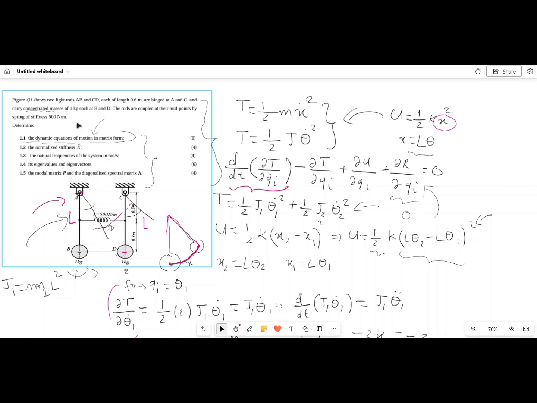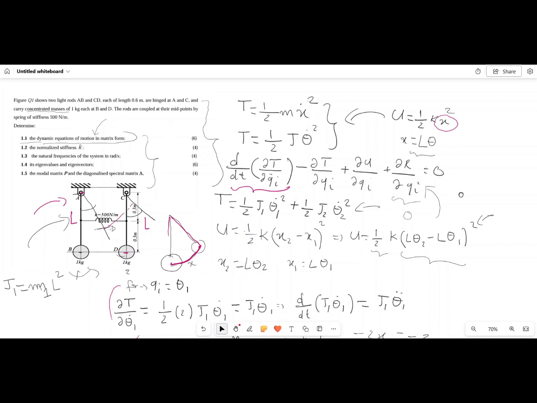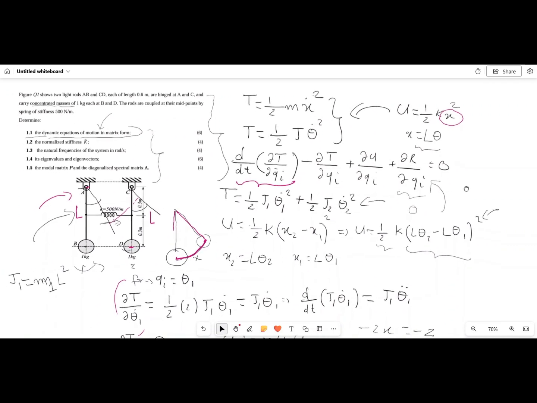Yes, you can ask a question. You don't have to raise your hand, just ask. Mr. Alex, please repeat what you just said there. Okay, I will repeat. If you heard about concentrated mass, it is simply an object whose shape we cannot describe, because we have moment of inertia for certain shapes that we know.